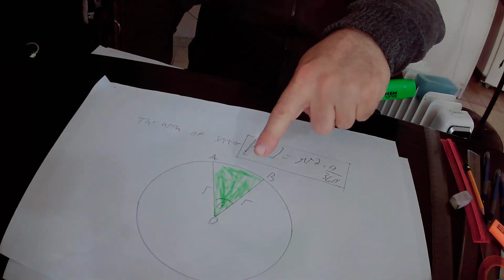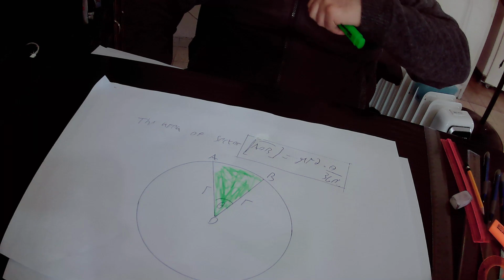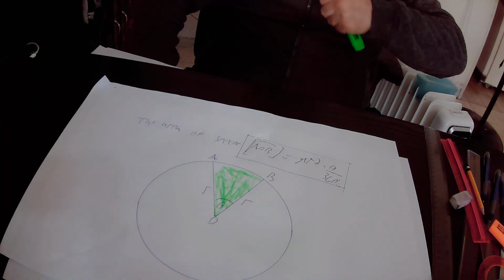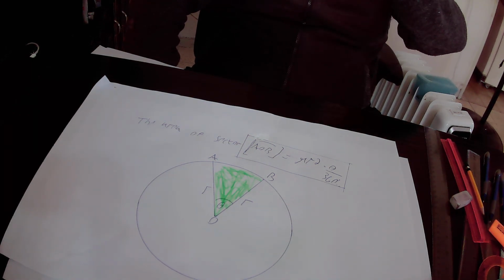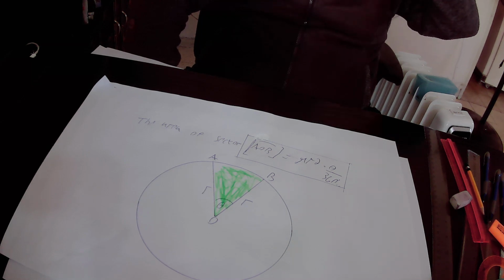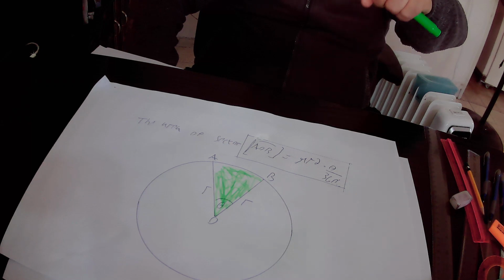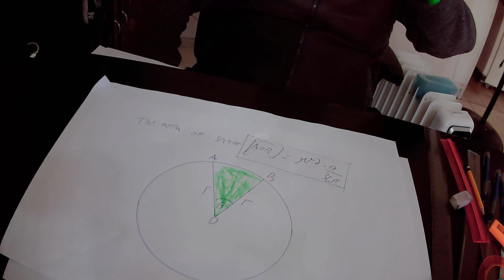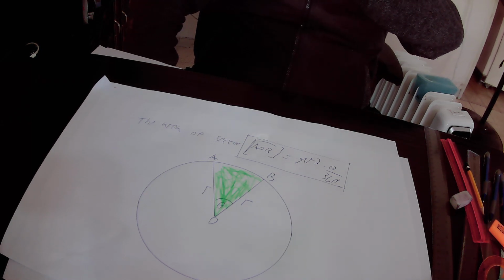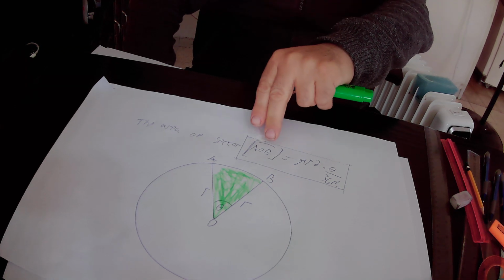In conclusion, the area of a sector equals the area of the circle that contains the sector times theta over 360 degrees. Theta is the angle between the legs of the sector.